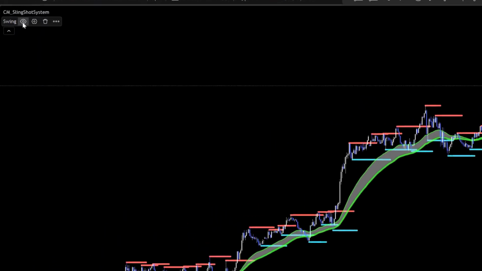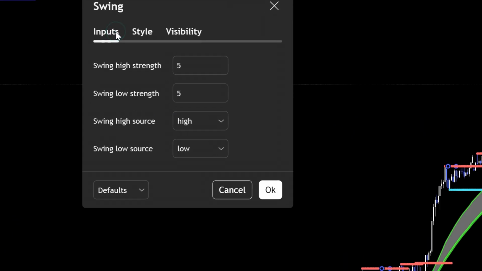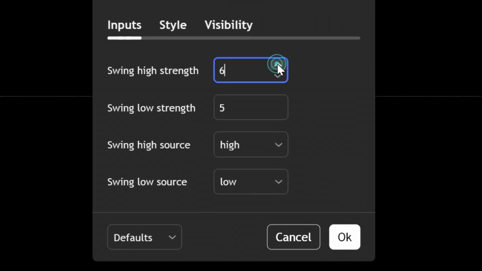Click the gear icon next to the indicator name. And in the inputs tab, set swing high strength to 14 and swing low strength to 14.